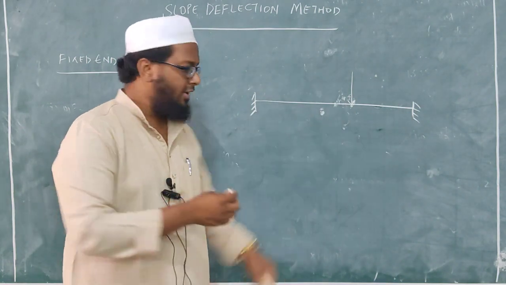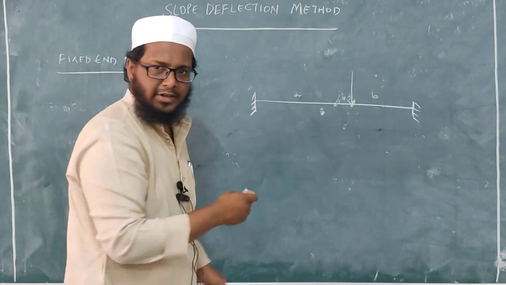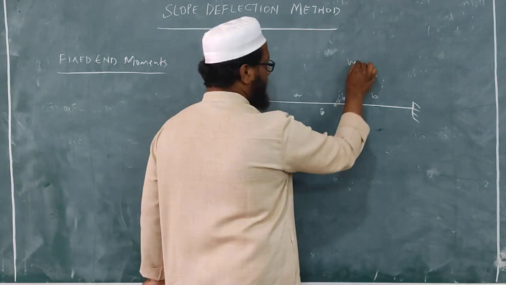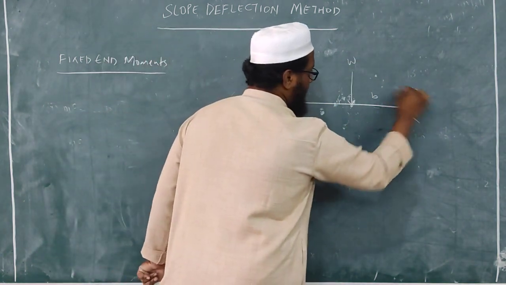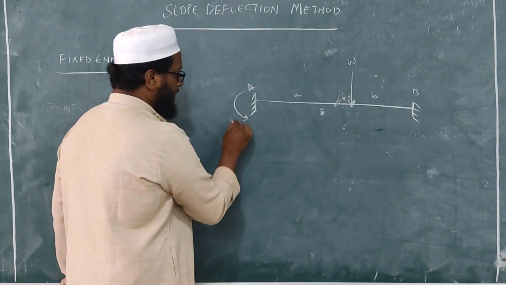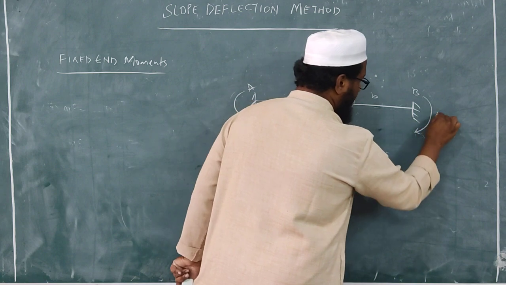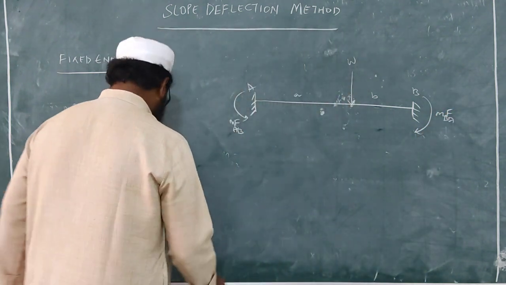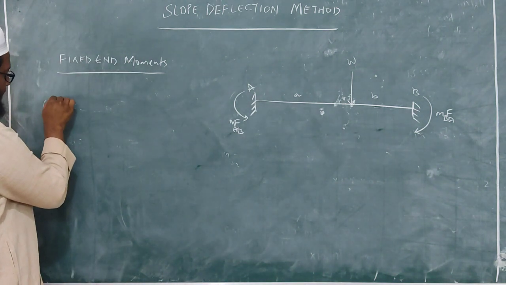It may be somewhere like A and B, 3 meter, 2 meter or 4 meter, 3 meter, it depends. So in this case again the beam will try to develop fixed end moments. This will be MF AB and this will be MF BA. So this is the third one, right?